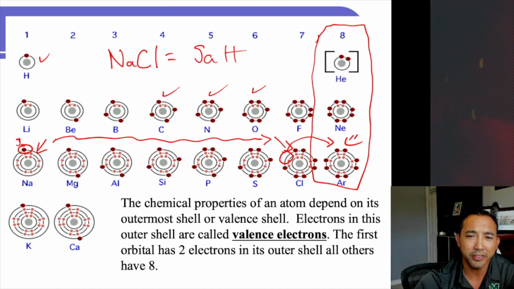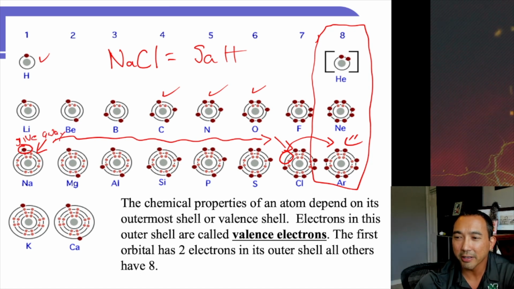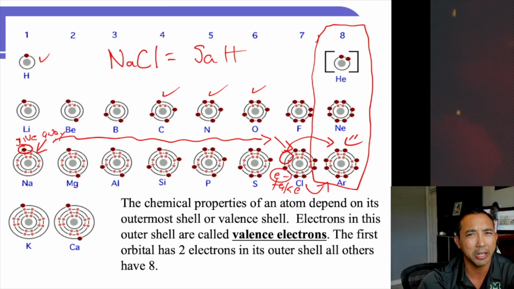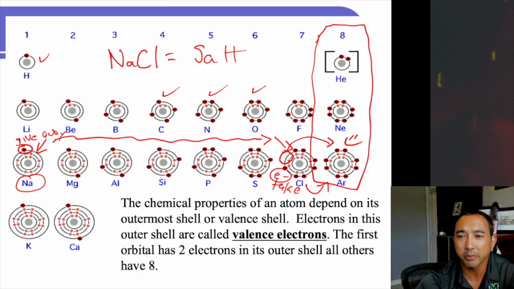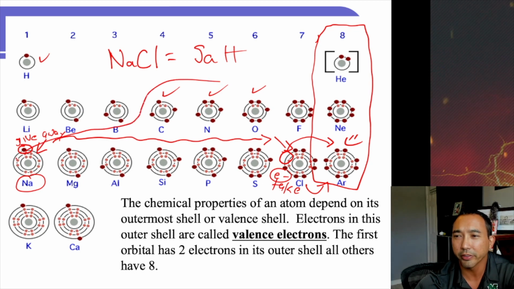What if I give this guy away, and chlorine takes it? He is happy now because he moves over to the stable spot. Sodium is happy now because it moves up to the spot here, and now they are both in this little happy land.